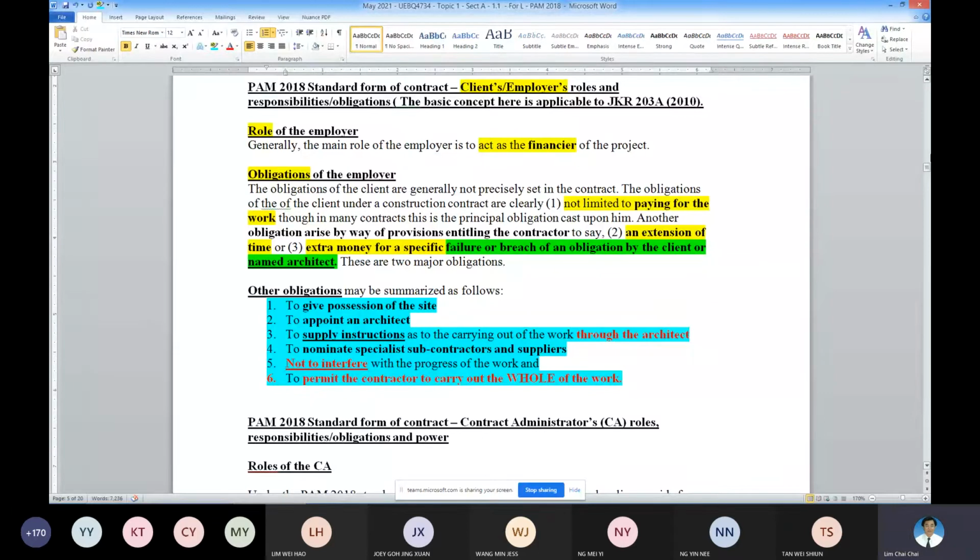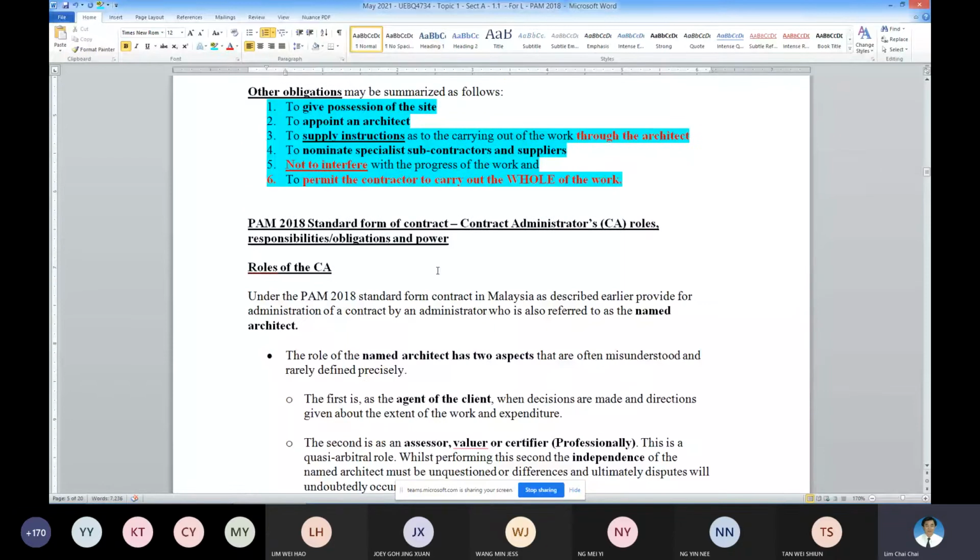Then the very important one, the contract administrator. The roles, the responsibilities, the duties and the power. This is the thing that you need to understand better, because it's a very important one. This one is the employer's representative at the project site, the CA.